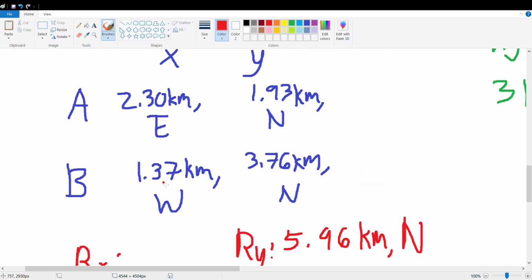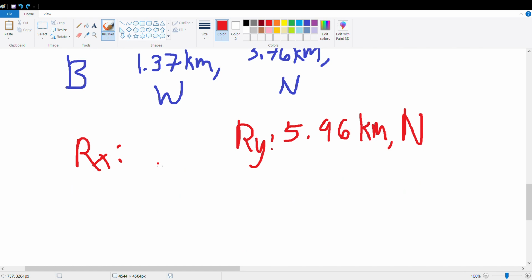And then for X, since they're in different directions, we look at the direction that has the bigger number, which is 2.30, and subtract the other number. So 2.30 kilometers minus 1.37 is 0.93 kilometers east. So that's our RX and RY.